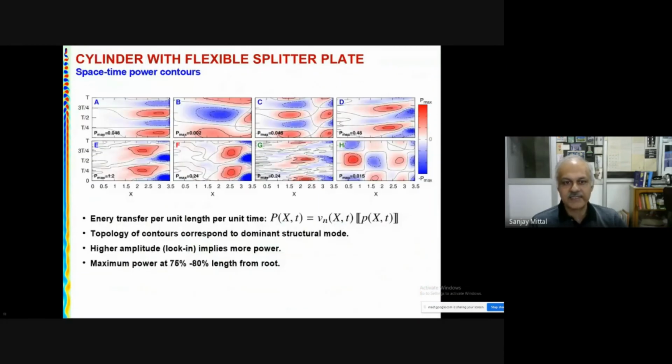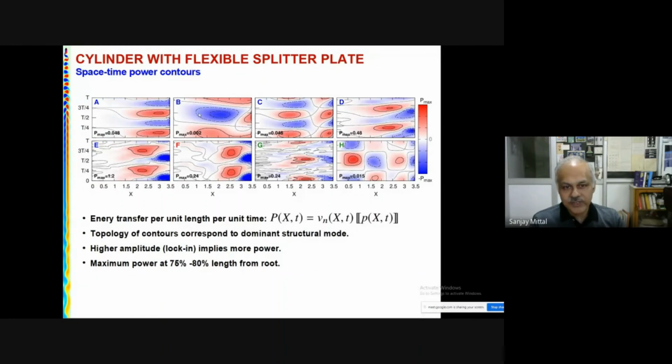So no surprise here. Then Furkan went ahead and tried to figure out, if you want to do energy harvesting, what is the energy transfer per unit time. He called it P. So this is a picture of P from min to max. Negative means you are putting energy into the system, positive means you are draining it out of the system.